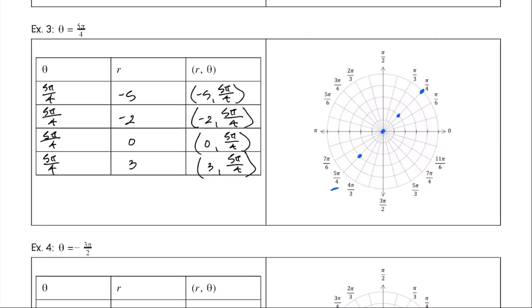And so now if we connect these dots, I think we have a fairly convincing argument that we have a line that goes through the origin and it's in the direction of 5 pi over 4. Okay. Does that kind of make sense to folks?